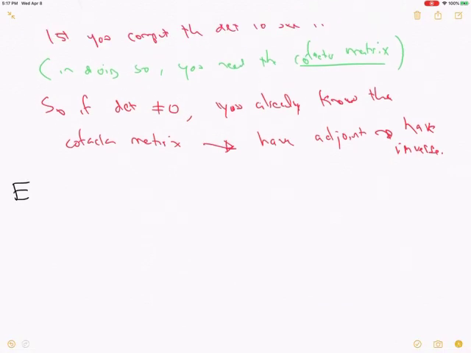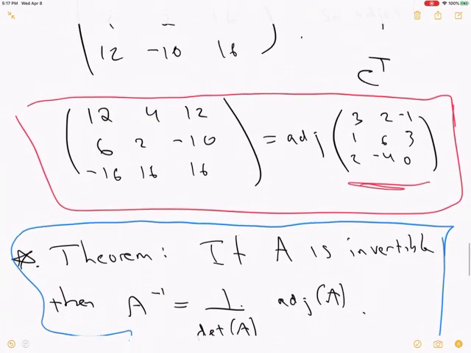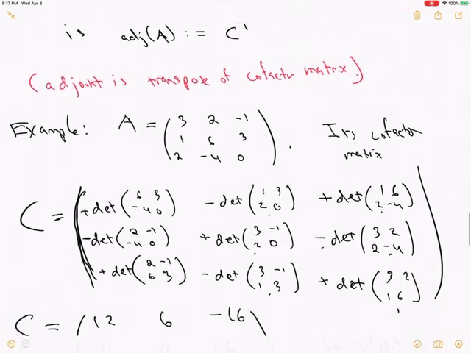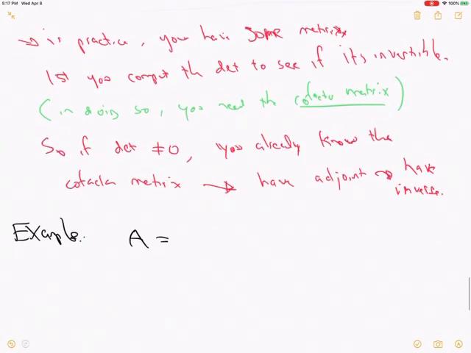So here's an example. Let's use the same matrix from the previous example. Over here is the matrix A: 3, 2, negative 1, 1, 6, 3, 2, minus 4, 0.